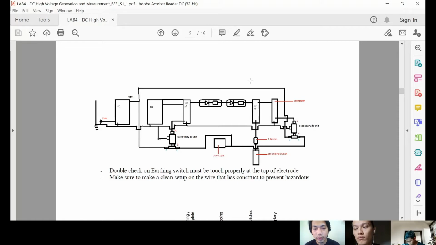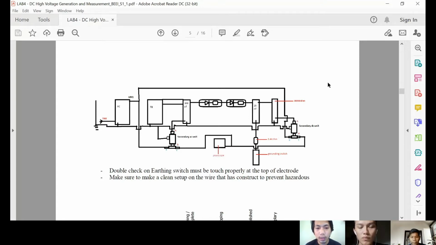If you want to make a DC system, we have to ensure a single DC graph, so we have to make the graph smooth. So it goes through the rectifier, as you can see shown on the schematic diagram.